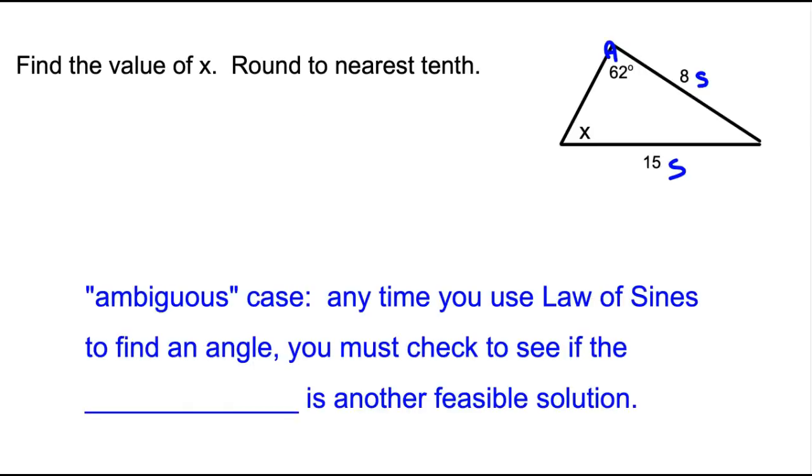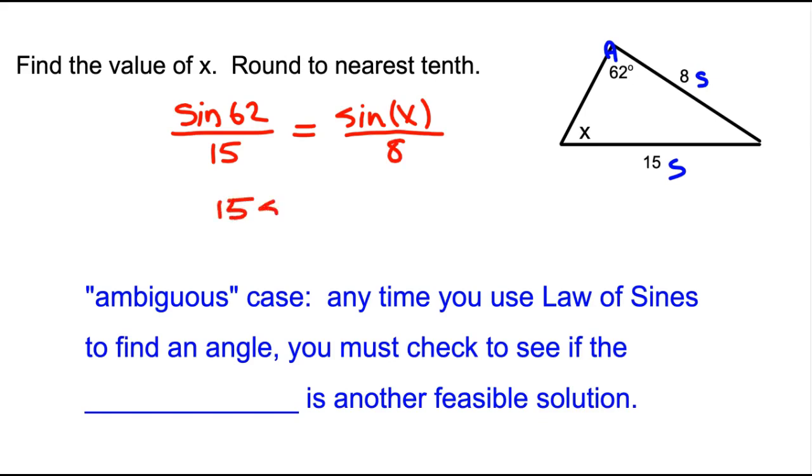So if we go back here, we've got 2 minutes to finish this one up. That's fine. All right, so if I use law of sines on this one, and I have angle side-side, so I've got to be a little careful. If I use law of sines, I go sine of 62 over 15 is equal to the sine of x over 8. Now I'm trying to find the angle, so I have to use the inverse when I'm calculating here.